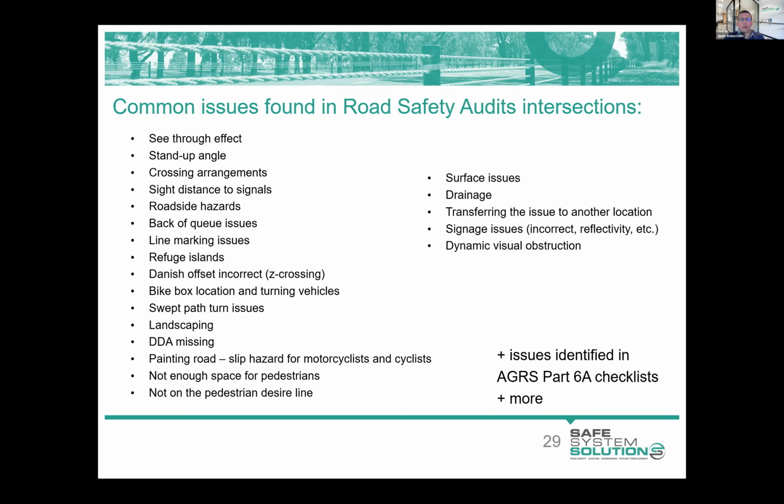But if you're following a checklist of that type, then it certainly ensures that you're thinking about all the right things. So these issues that occur at intersections, a lot of them relate to conflicts or potential conflicts between different vehicle streams or between vehicles and vulnerable road users, sight distance requirements, and so on.